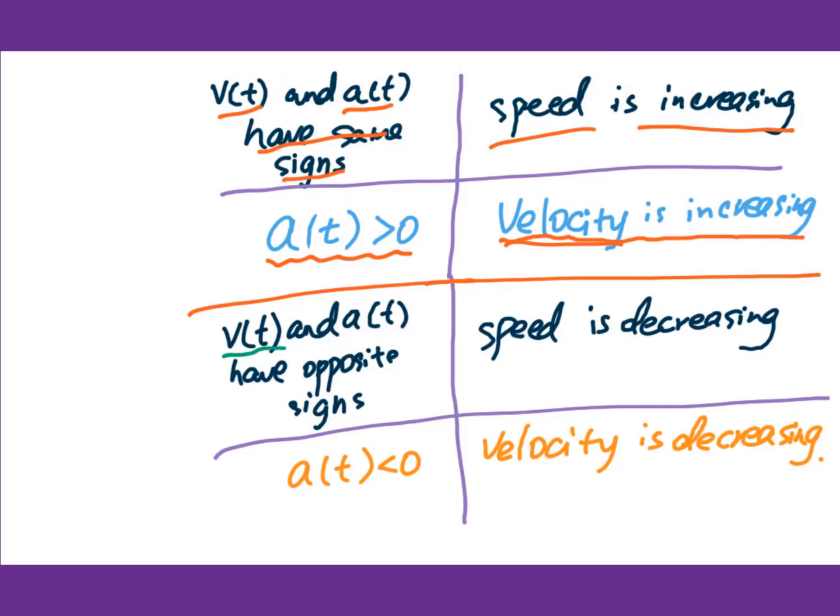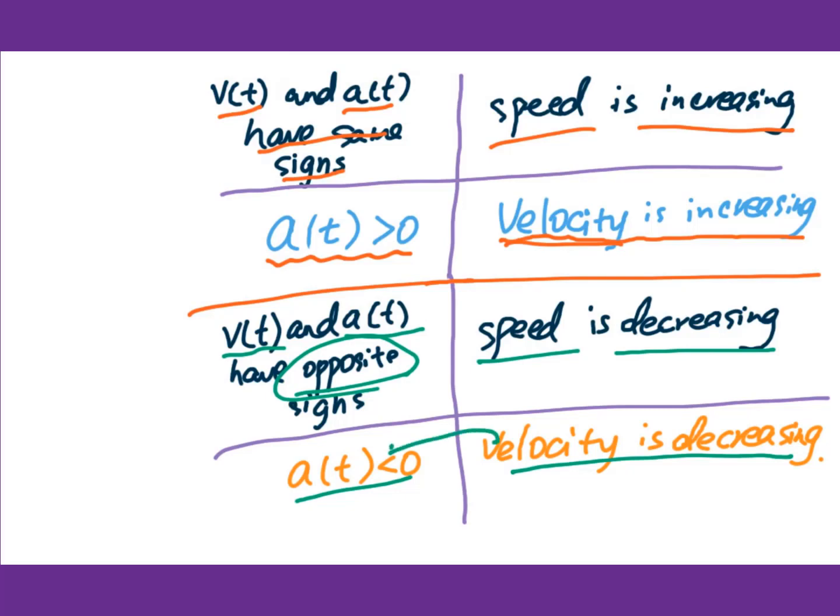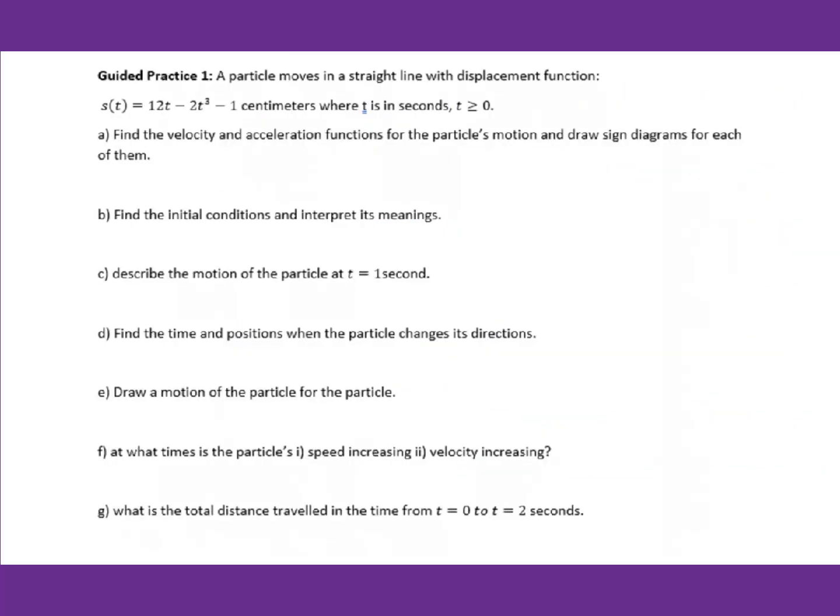When velocity and acceleration have opposite signs, then the speed is decreasing. When acceleration is negative, velocity is decreasing. In other words, the velocity depends on the acceleration only. Speed depends on velocity and acceleration.